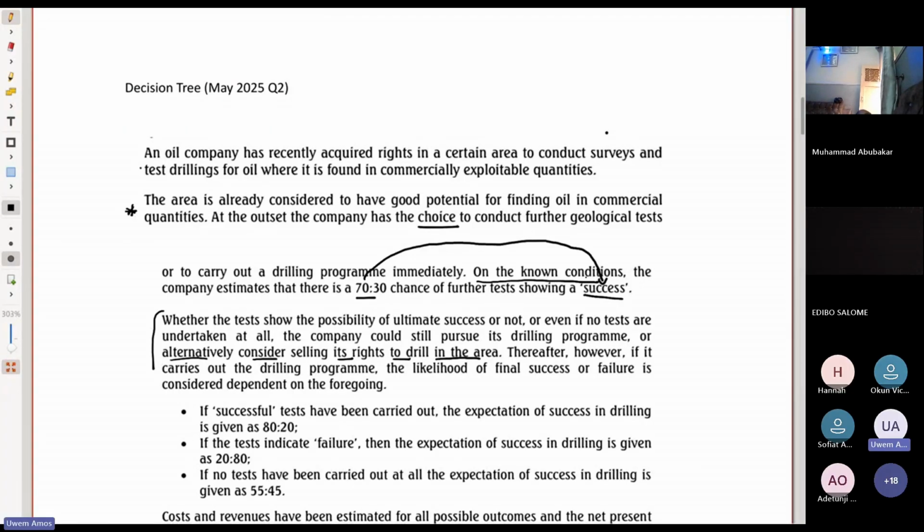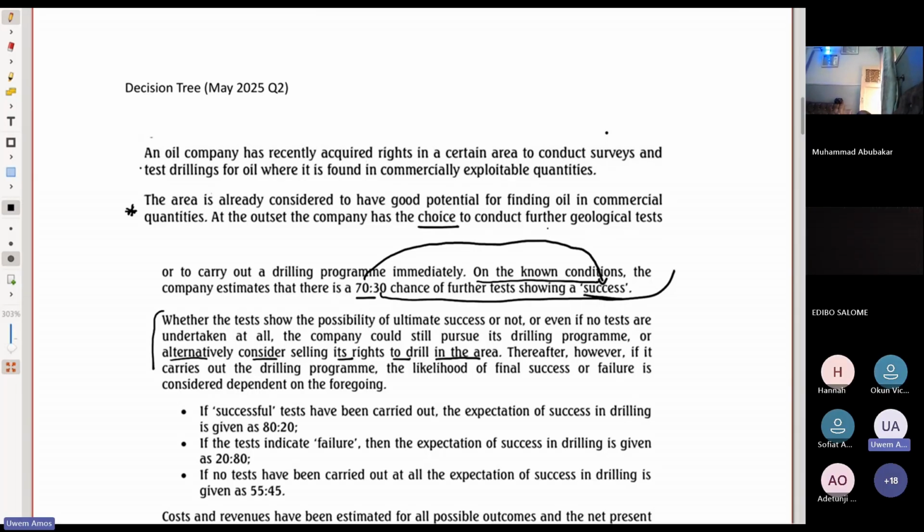The 70% is success. The balance, the other values to the right, represents the opposite of that, except the person specifically tells you what 30 represents. Otherwise, the 30 will represent the opposite of that.